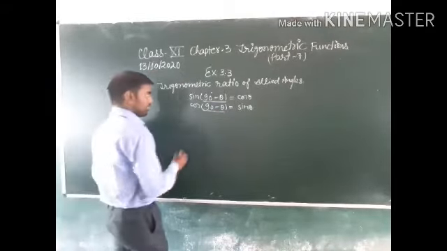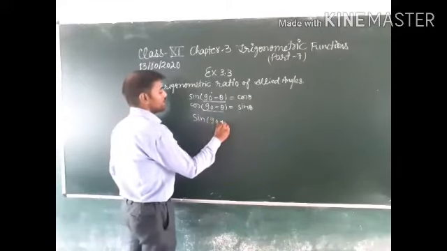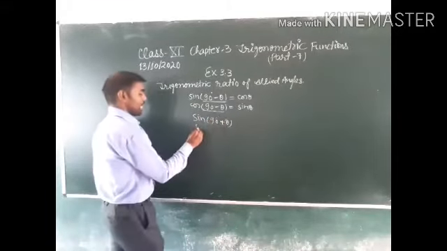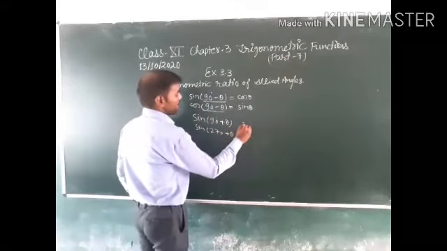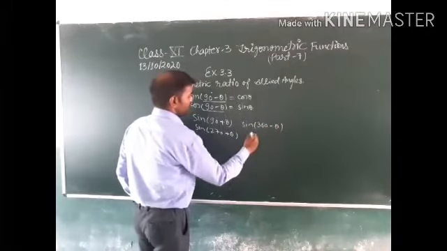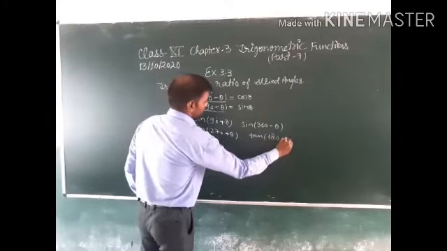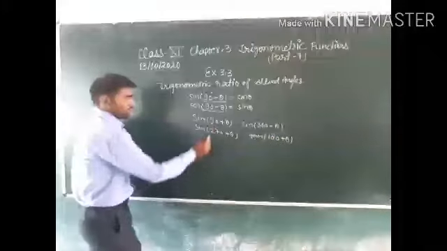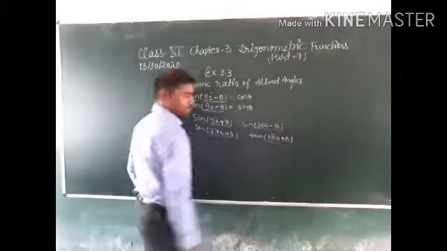In class 11 we will discuss sin 90 plus theta, sin 270 plus theta, sin 360 minus theta, and tan 180 plus theta, and so on. So this angle is allied angle.